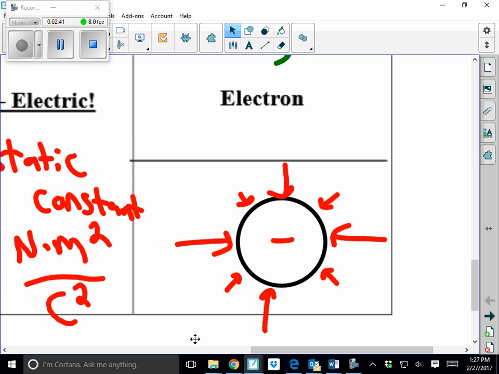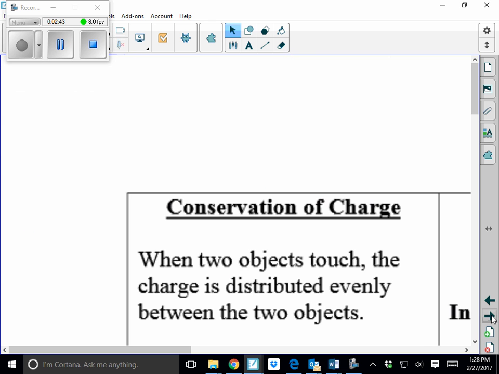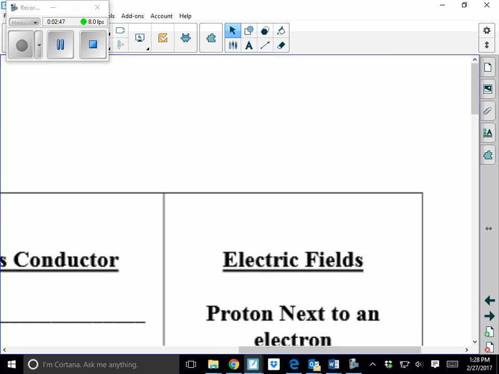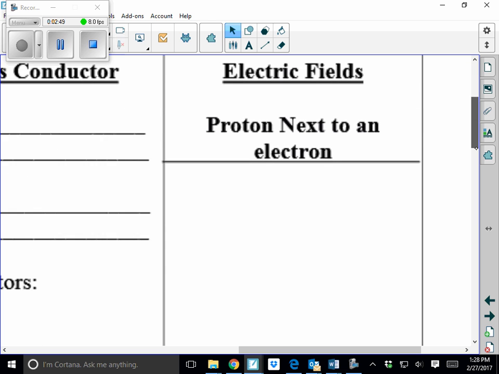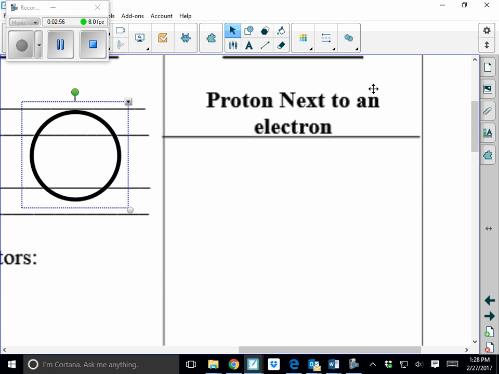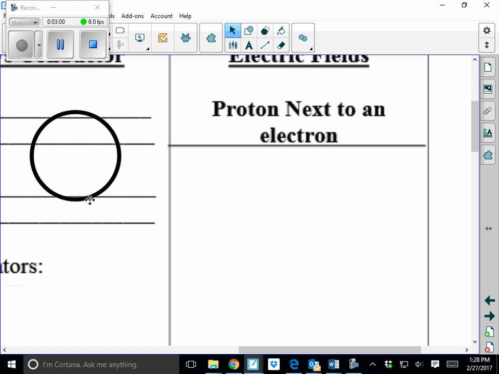So now I'd like you to flip over to the back page, and I believe we're in the third column, because we're going to talk about electric fields with a proton next to a proton. Or in this case, we have a proton next to an electron.